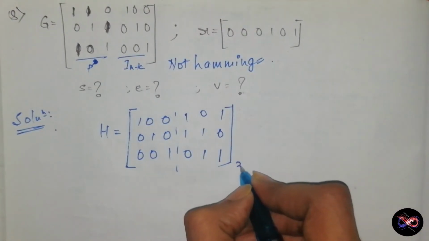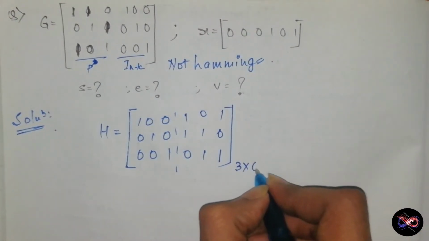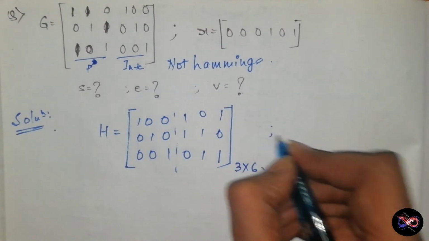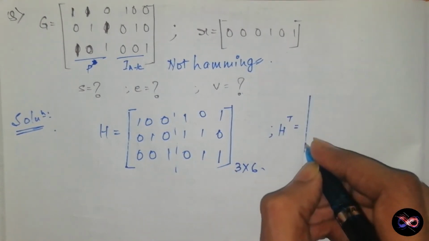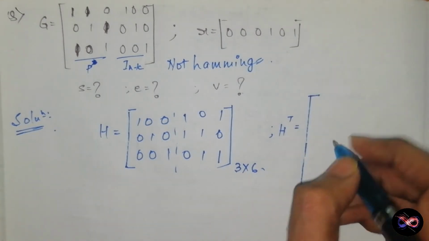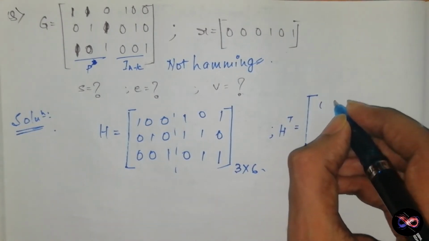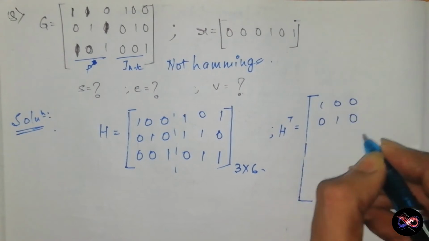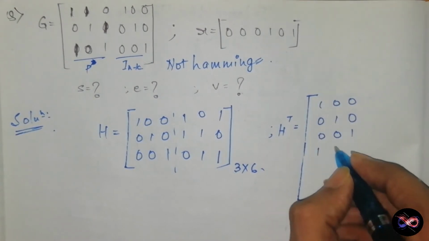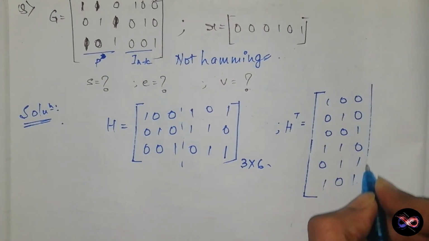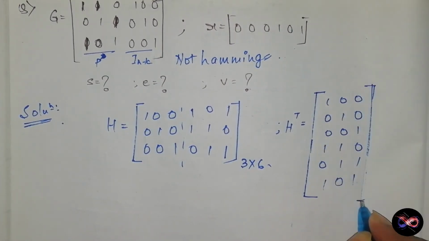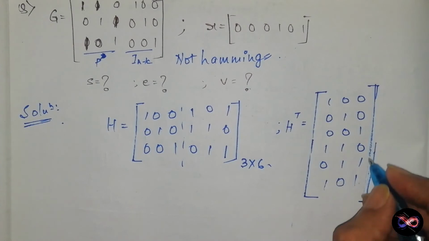So we easily find out the H and we can easily find out H transpose by transposing it. So this will be 1 0 0, 0 1 0. So this is the required H transpose.